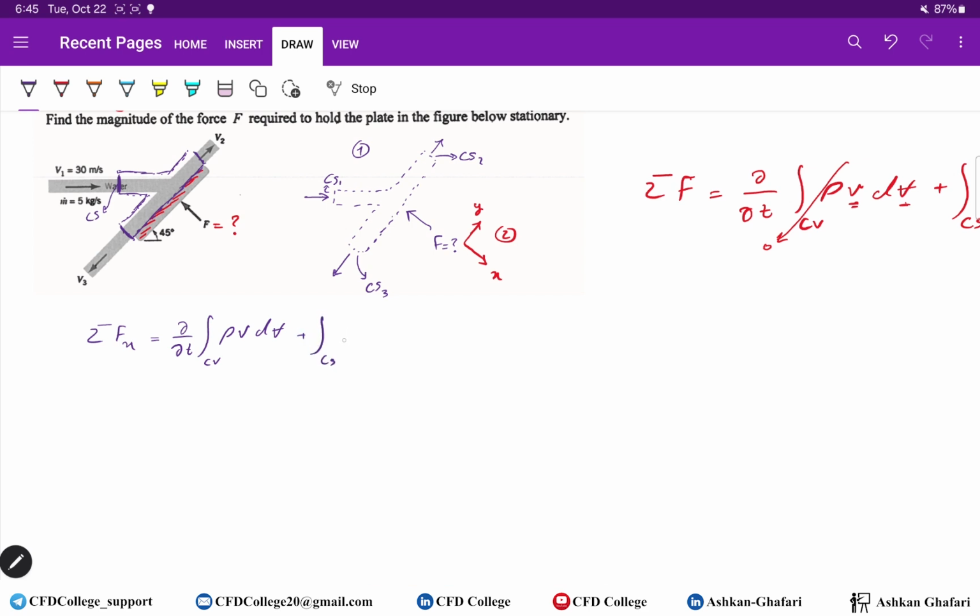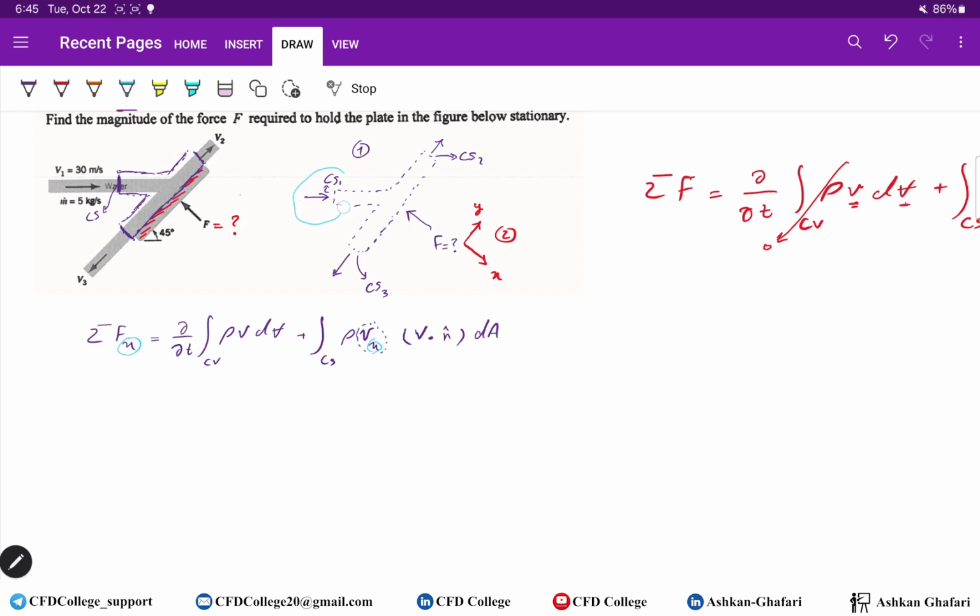So now it's important to know that rho Vx, this velocity, is velocity in the direction that you want to solve. So here you have X direction, so here you have Vx times V dot N dA.